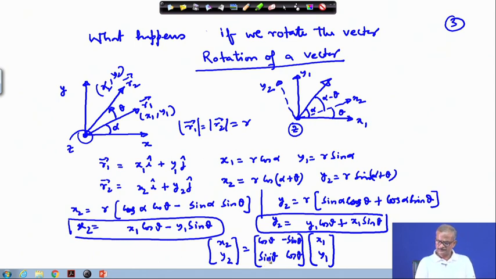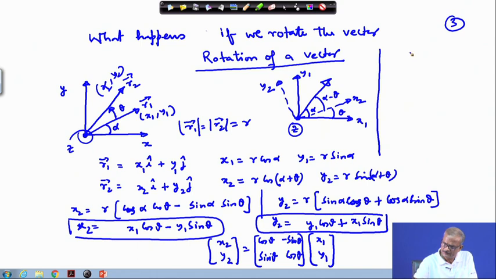So that means the sign has flipped, and as I told you, rotating the x1 y1 frame in the anti-clockwise direction is equivalent to rotation of the vector in the clockwise direction, that is, in the negative direction.